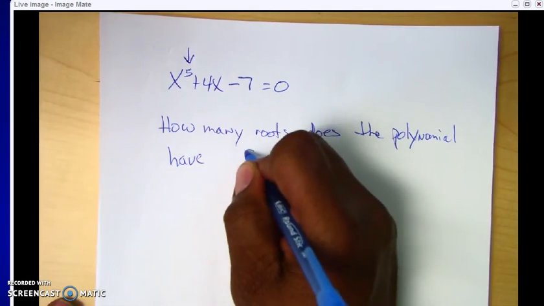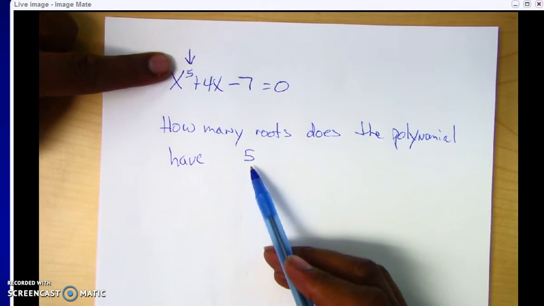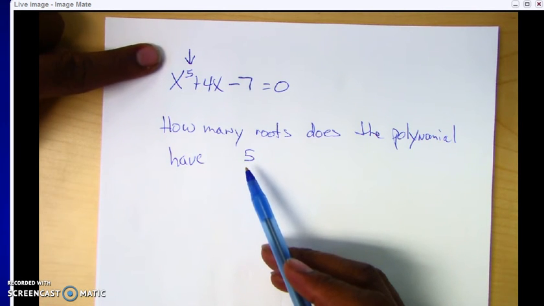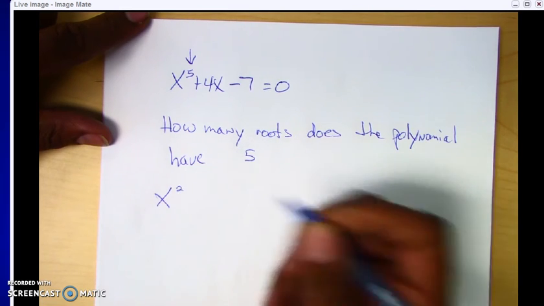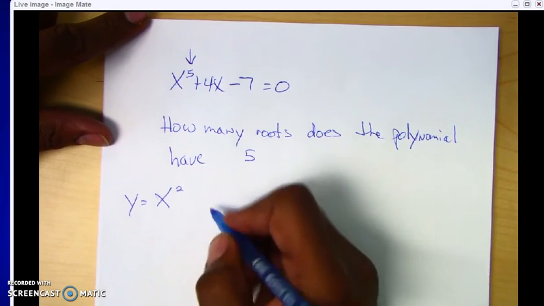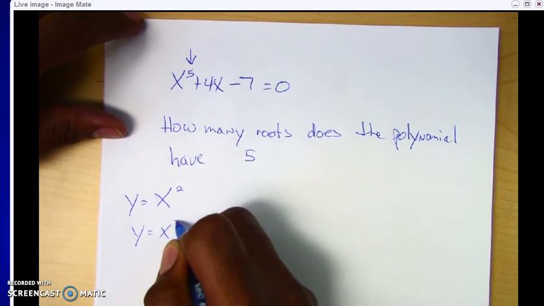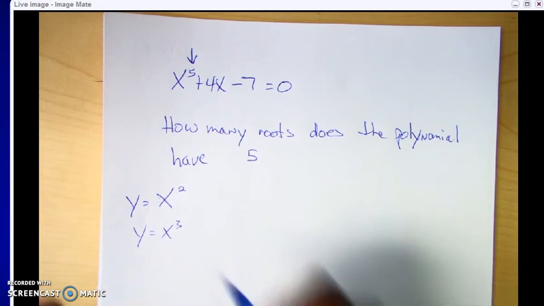In this case, it's 5. Your degree and your number of roots always match up. That's from the fundamental theorem of algebra. So think about it. It kind of makes sense. If you have y equal to x squared, you know there's going to be 2 answers there. Or if it's y equal to x cubed, you got 3 roots or 3 zeros.